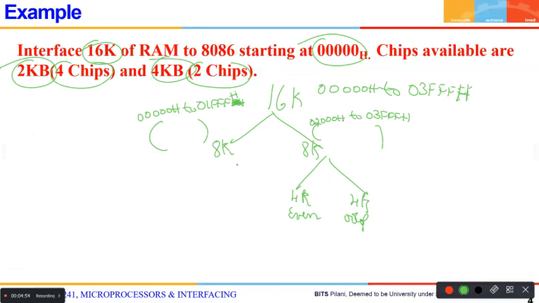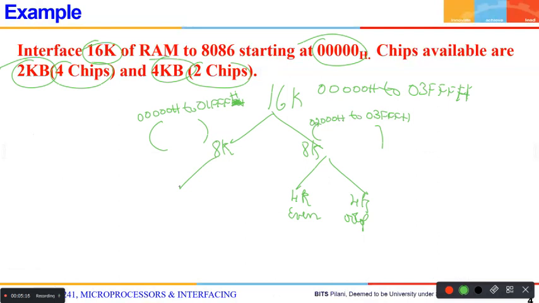I have explained everything about why we divide with even and odd addressing schemes for the 8086 microprocessor. Go through the video. Anyway, your 4K is finished, you have only 2 chips. You need not go for the address range of this.